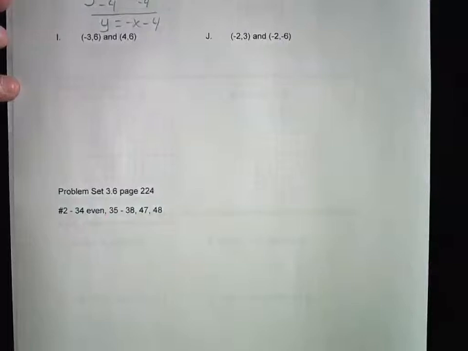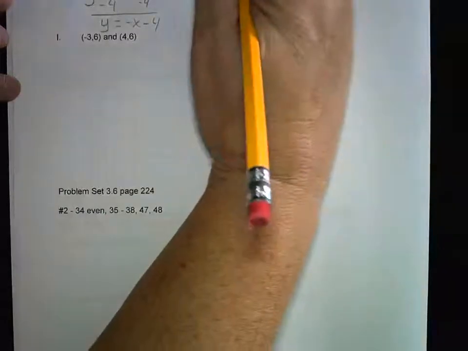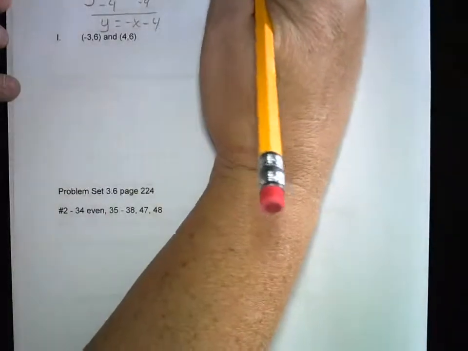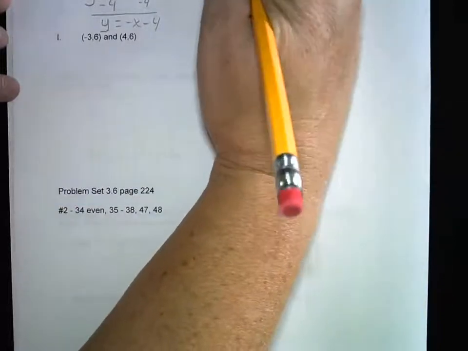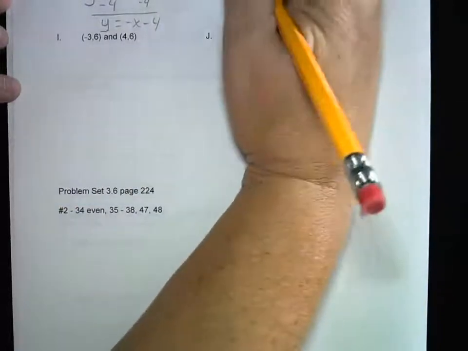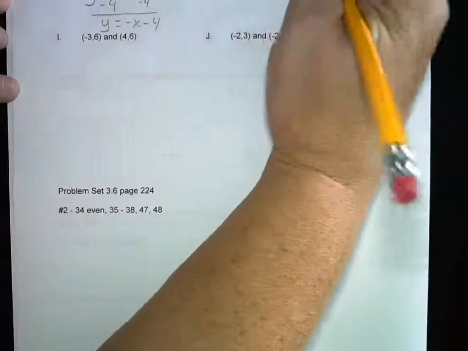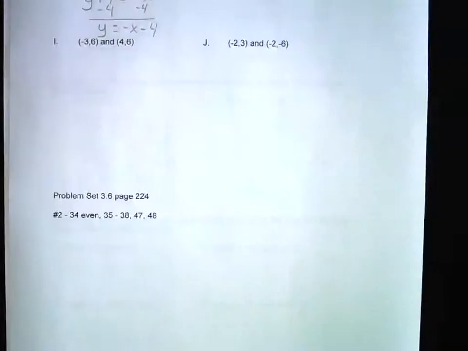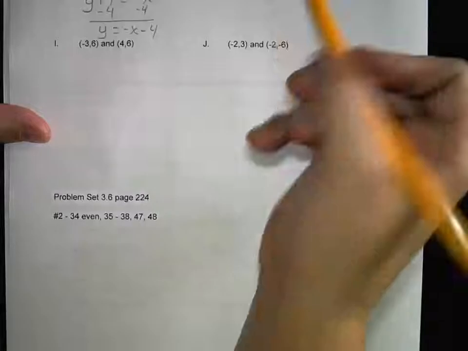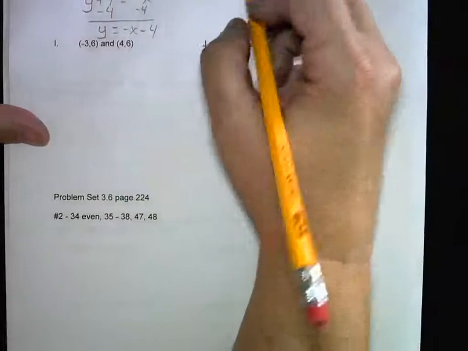Letter H, finding the slope. 4 minus a negative 6, 2 minus a negative 2. That becomes 10 over 4. And 10 over 4 is 2.5. I'm going to pick these numbers here, no particular reason why.